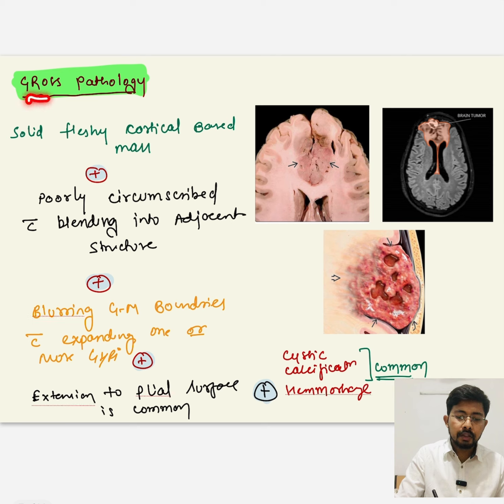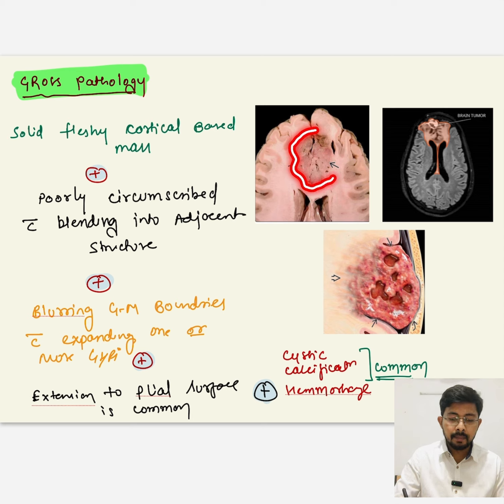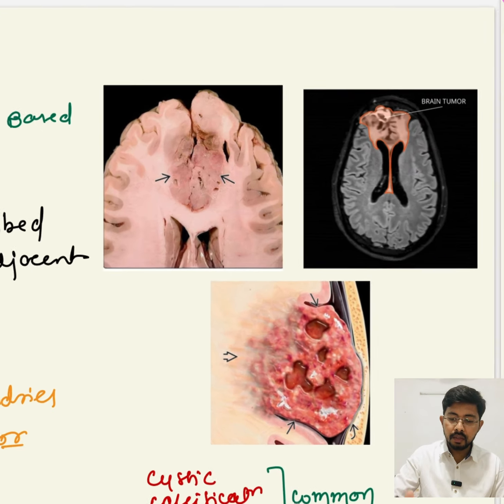Gross pathology: this is a solid, fleshy, cortical-based mass which is poorly circumscribed, blending into the adjacent structures. Here we can see the blurring of gray matter and white matter differentiation with expansion of one or more gyri.